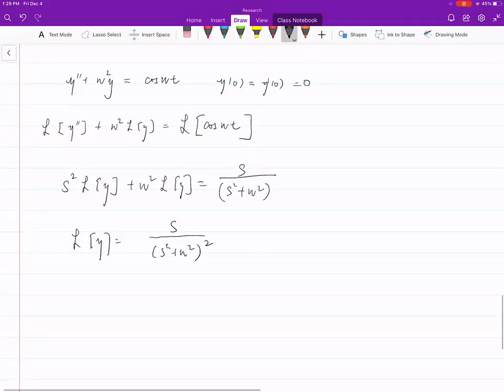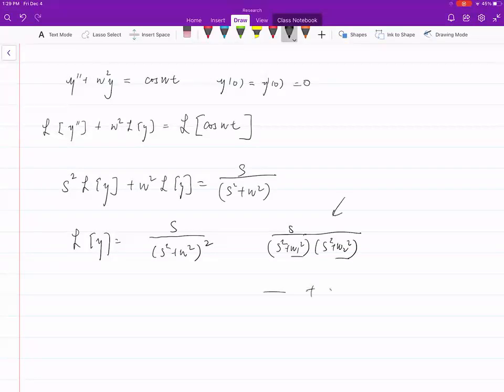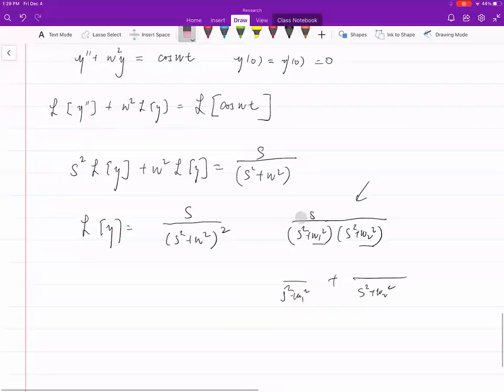But now we have a square. Before we have something like this with different frequencies, then we can actually further decompose them into partial fractions. Remember that's how we did it if you have different frequencies. Of course, this time they are the same, so we cannot do this decomposition anymore. That's why we have trouble.